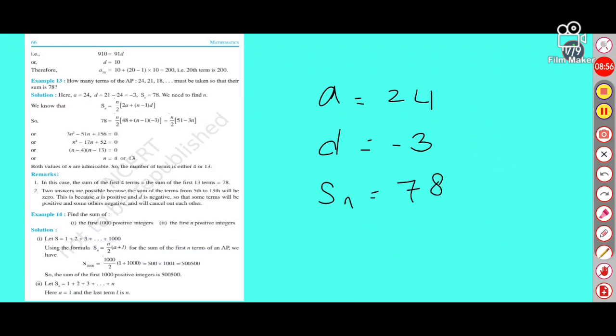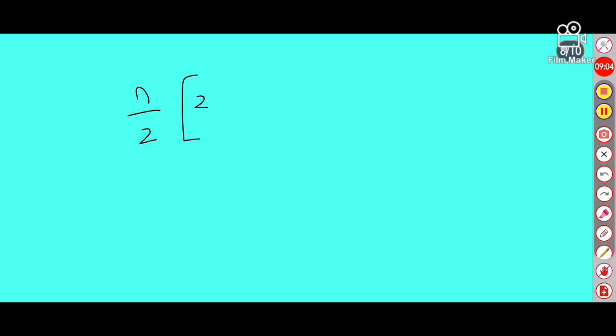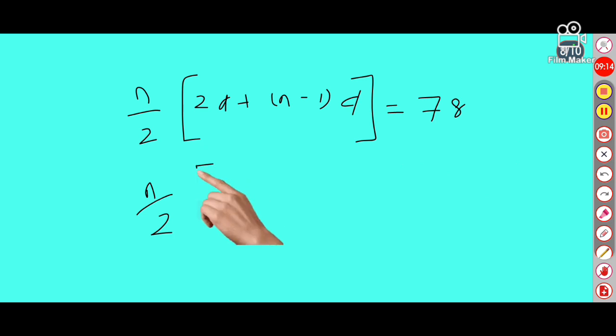Kindly have your textbooks with you. So find the value of n. Again, n by 2 into 2a plus n minus 1 into d is equal to 78 is what the entire sum deals about. We need to find the value of n.